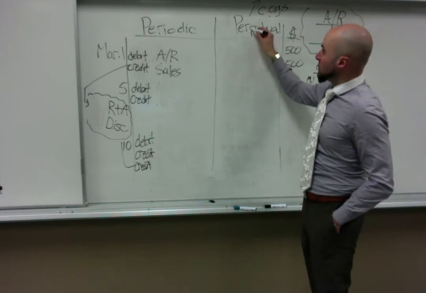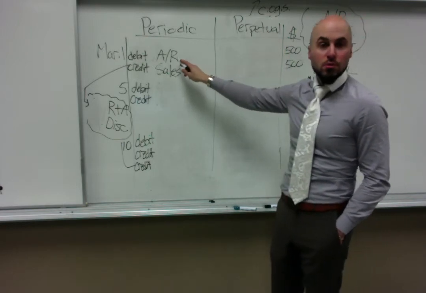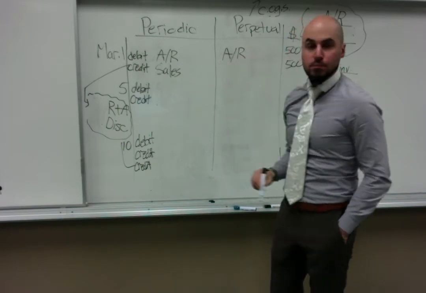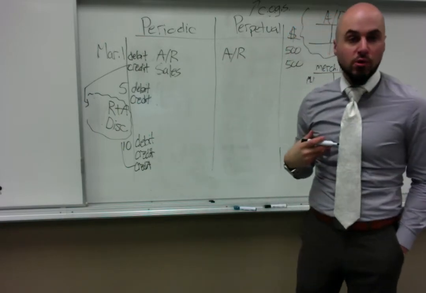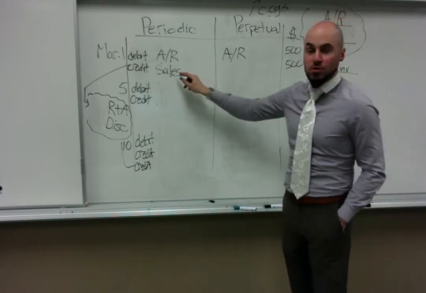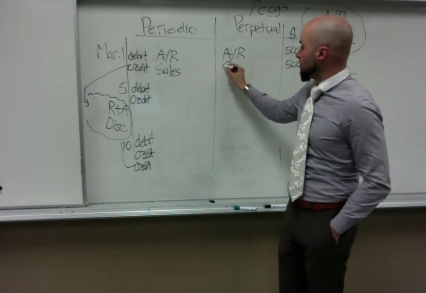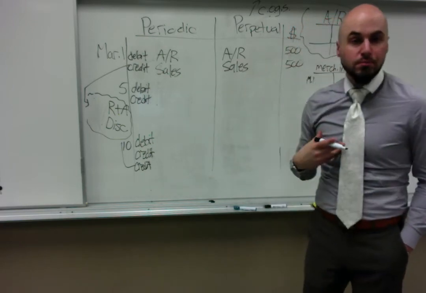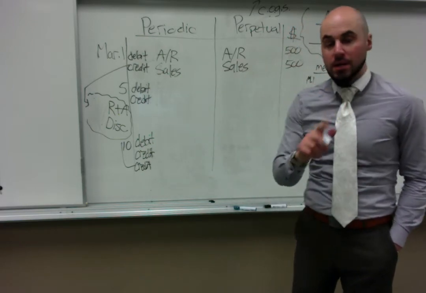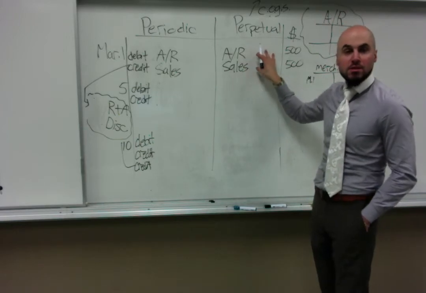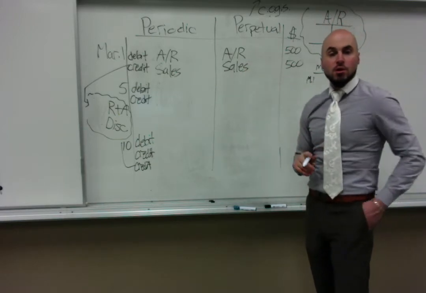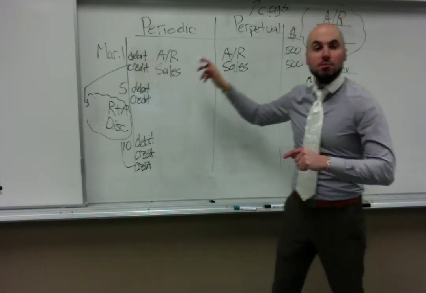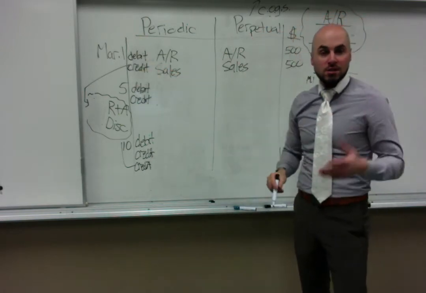In the perpetual system, we will also debit accounts receivable when the customer pays us with credit. We will also credit sales because it is revenue. But it is not just going to be left at this entry. There's going to be a second entry on March 1st in the perpetual system when you make that sale.